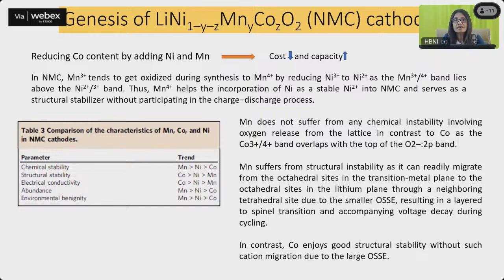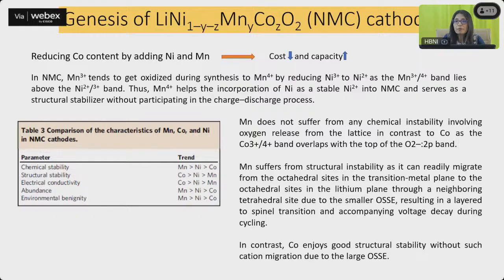Please understand that in NMC, what is the role of this manganese 3 plus? When you are using this manganese 3 plus during the synthesis process, it will get oxidized and form Mn4 plus. Now you are having nickel also in 3 plus form. So what is going to happen? Mn3 plus is going to get oxidized to Mn4 plus, and in the meantime, nickel 3 plus is going to get reduced to nickel 2 plus.